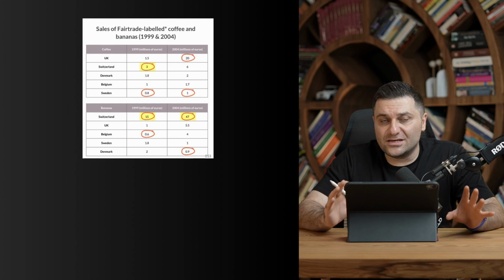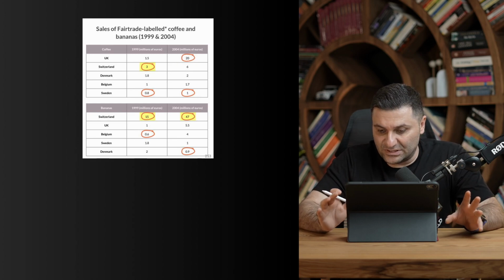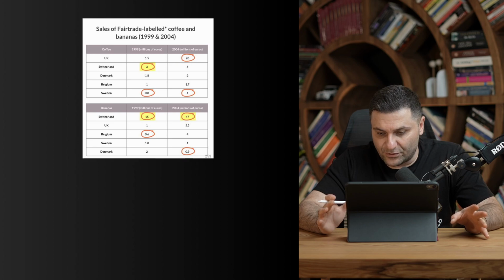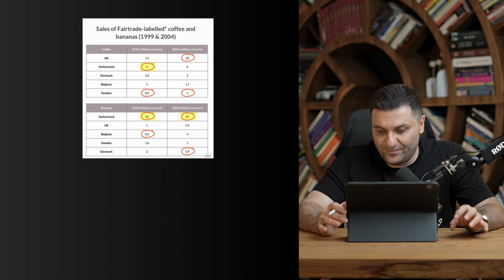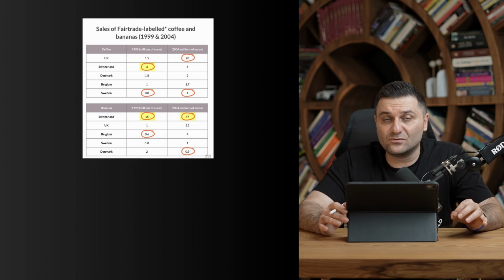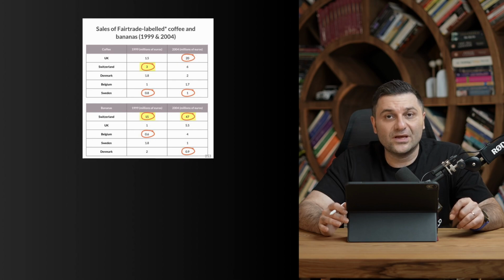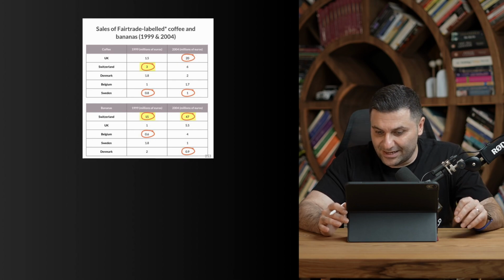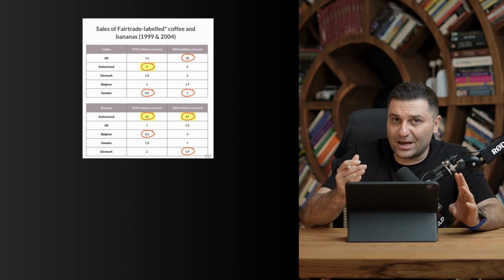And bananas in 1999: Switzerland was 15 million euros, and Belgium was the least. And again, Switzerland was the leading country in 2004, at 47, and Denmark was the least. So we are going to talk about this.